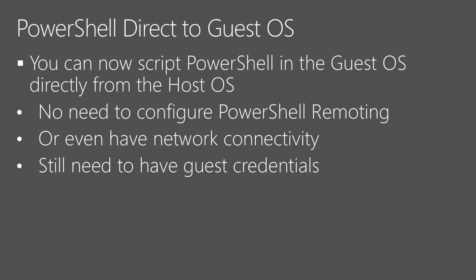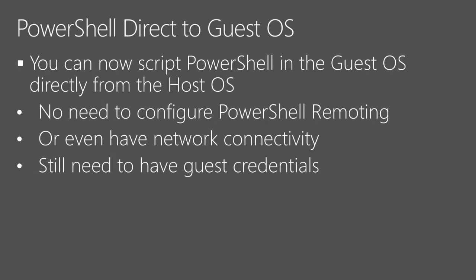The next one is possibly my favorite feature in the release, a feature called PowerShell Direct. PowerShell Direct allows you to use PowerShell to connect to and interact with a copy of Windows inside a virtual machine without having to have networking working. It's like magic.